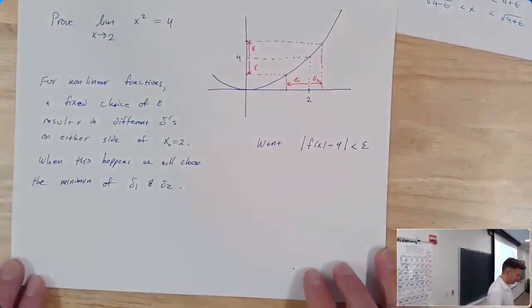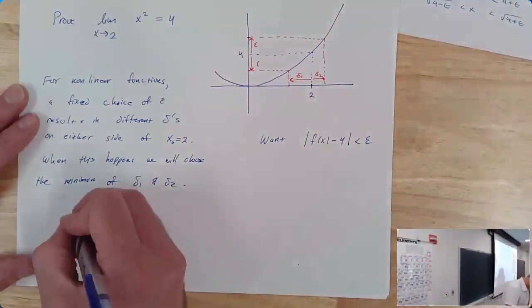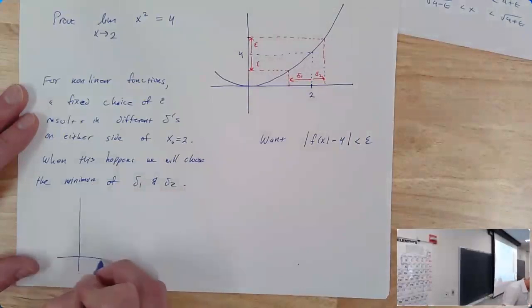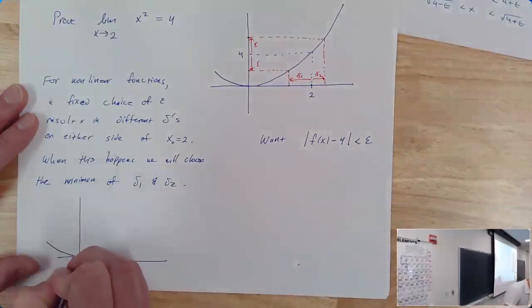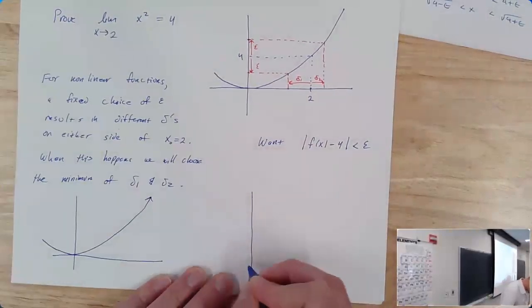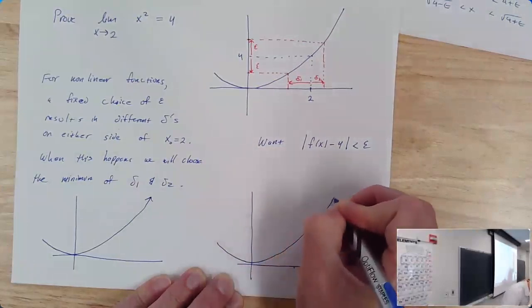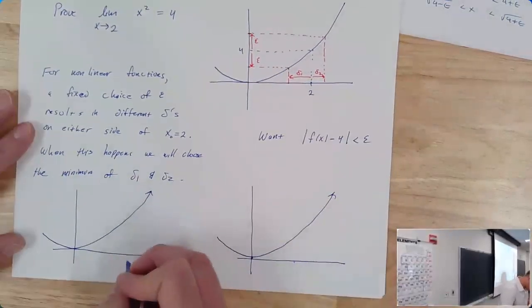So here's what I mean by that. Here's where I'm going to try and draw the same pictures again and make it not look terrible. Off to a good start already. Okay, so here's our 2.